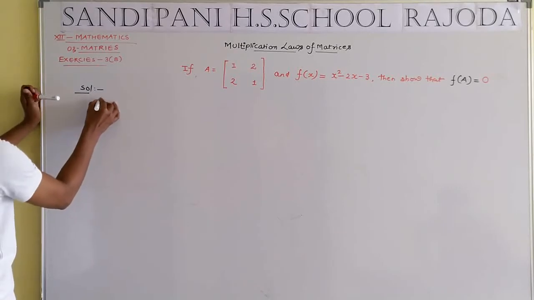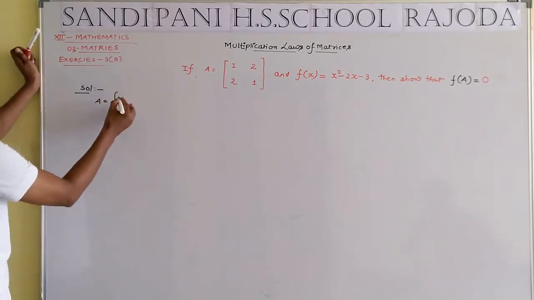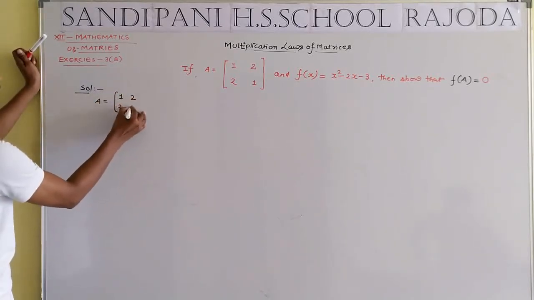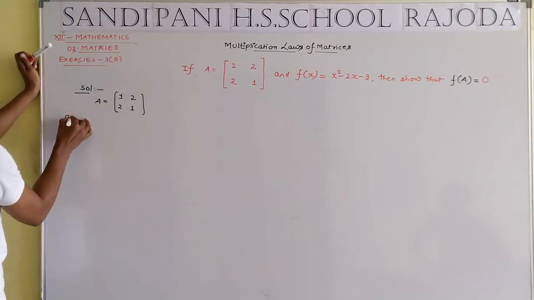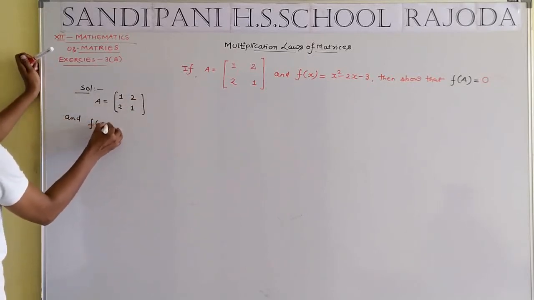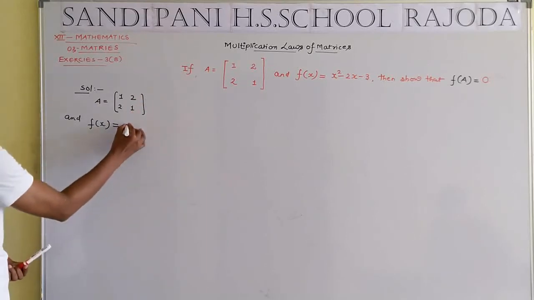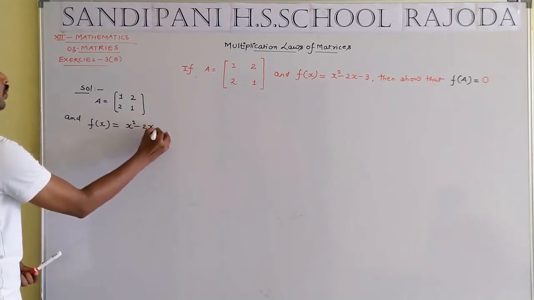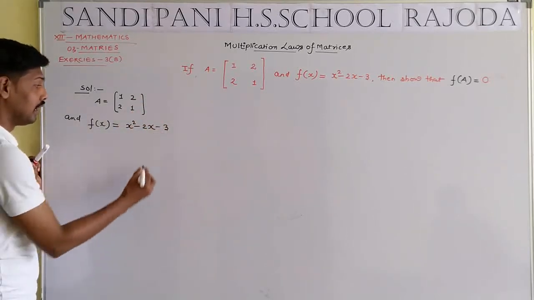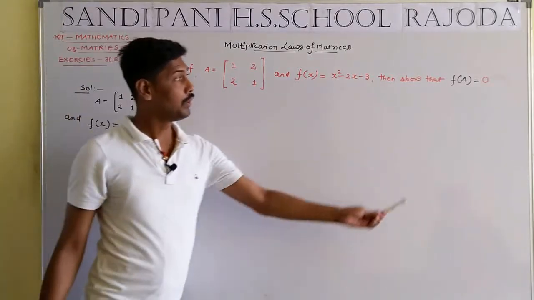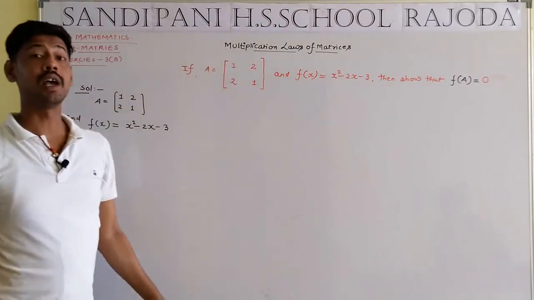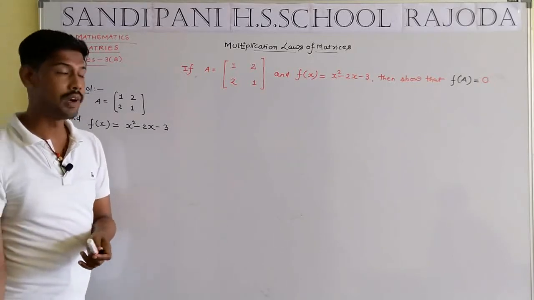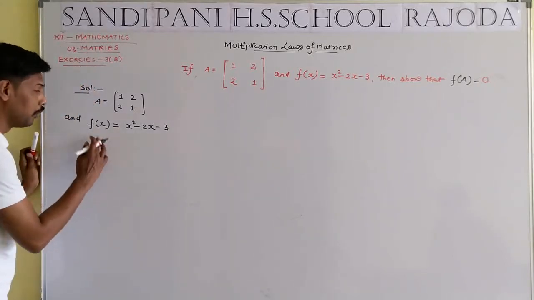If A equals [1 2; 2 1] and f(x) equals x square minus 2x minus 3, but we have to prove the function of A is the zero matrix.